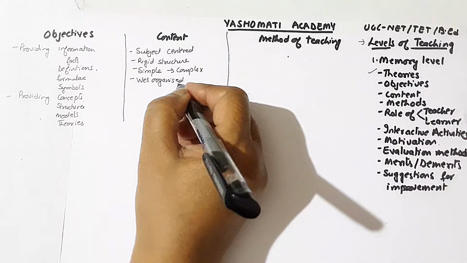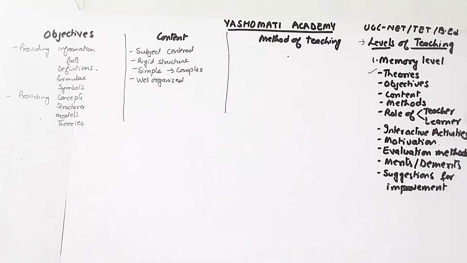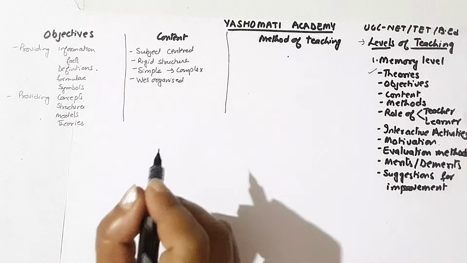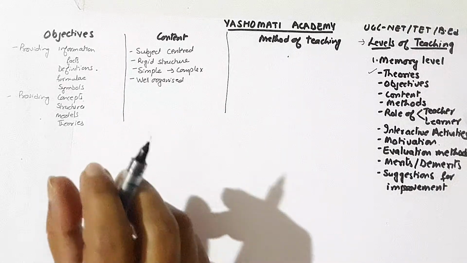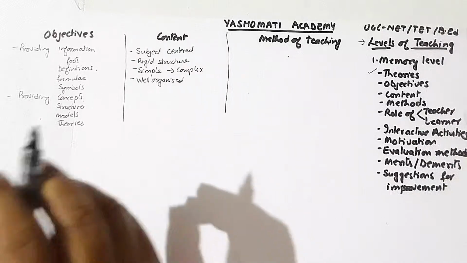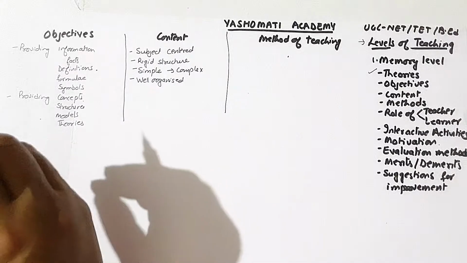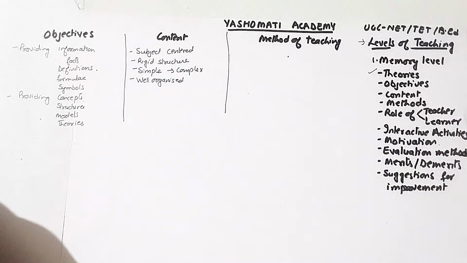Let us take an example here. For example, we want to teach alphabets to a small child. The mind of a small child does not have that much capability to know the difference between capital and small letters, or he may not be able to understand the variety of cursive writing.